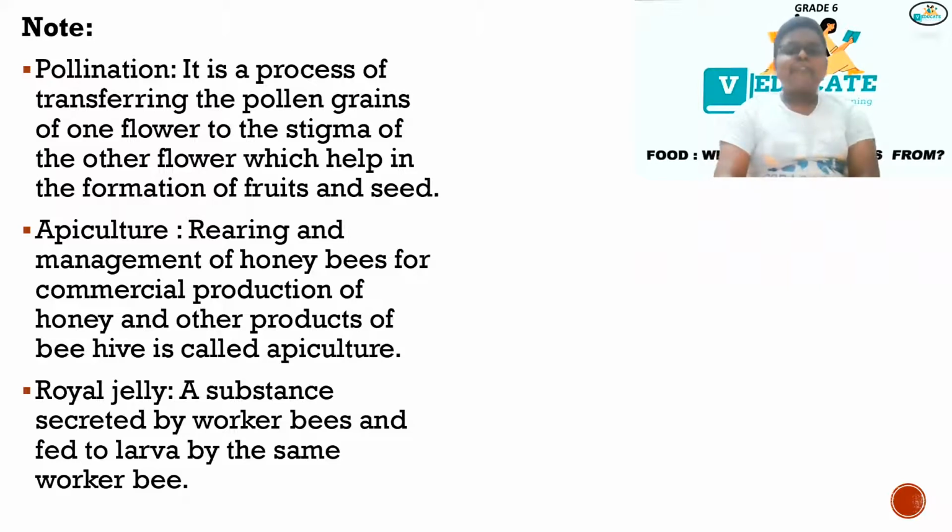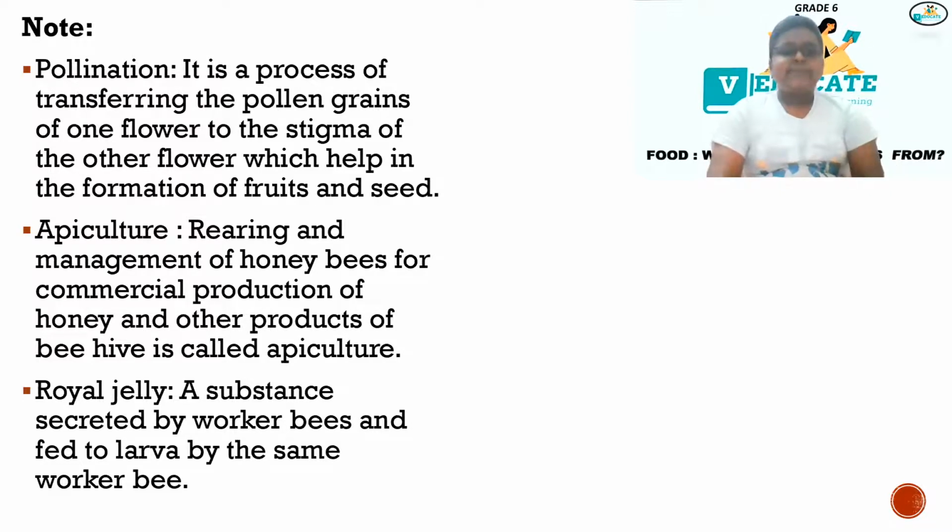Rearing and management of honeybees for commercial production of honey and other products of the beehive is called apiculture. There is more than one process for doing apiculture.